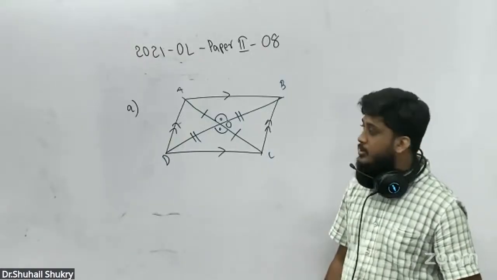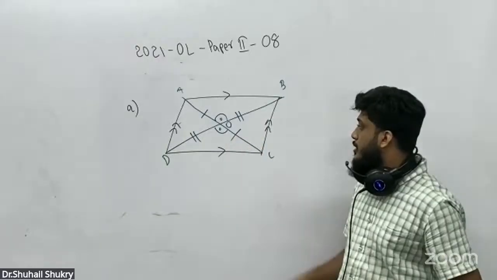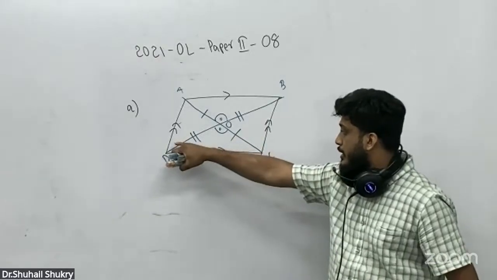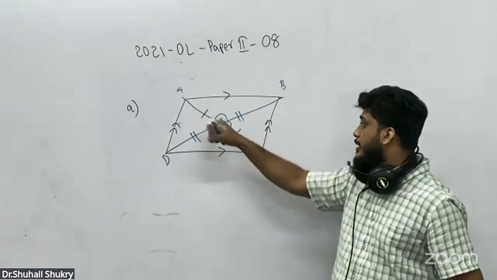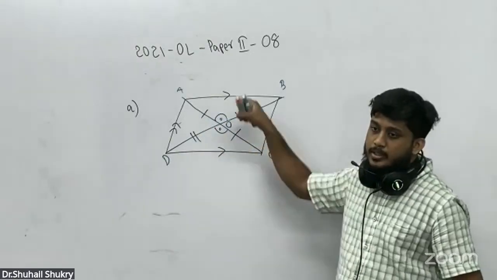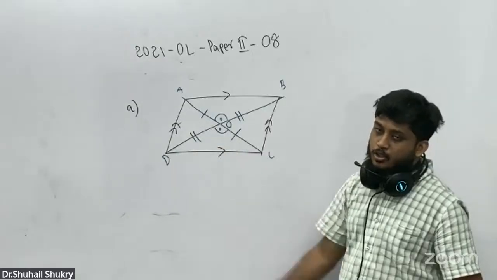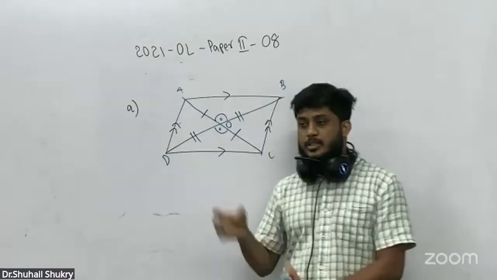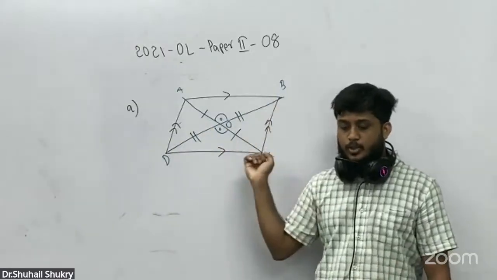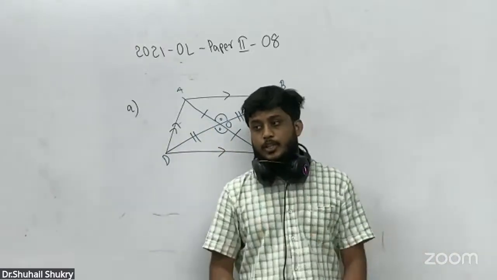They can say this is a common side, and this angle and this angle are both equal. What shape? Z shape, alternate angles. Therefore, both the triangles are congruent, and therefore this side is equal to this side. You can tell it in that way too.